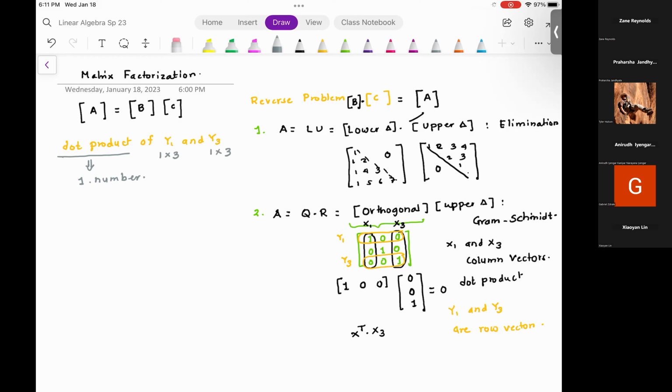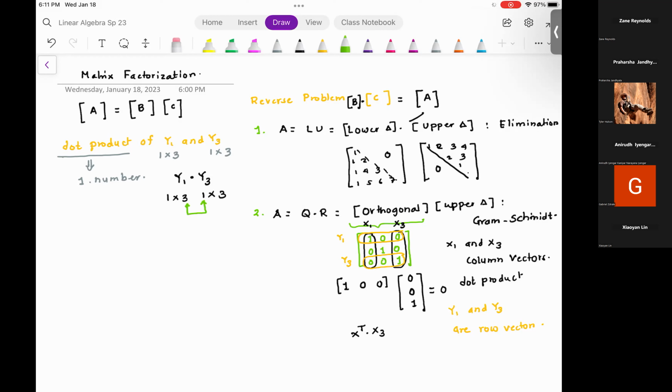The only way that this product will give you one number, please understand, y1 cannot be multiplied with y3, because please note, for matrix multiplication the dimensions should match. So for an example, this dimension and this dimension should be the same.